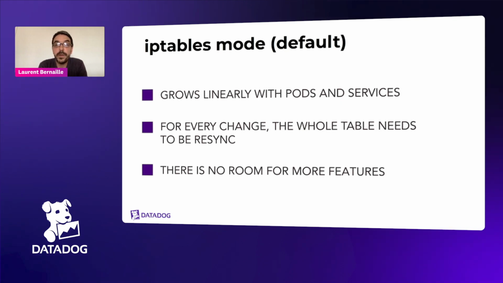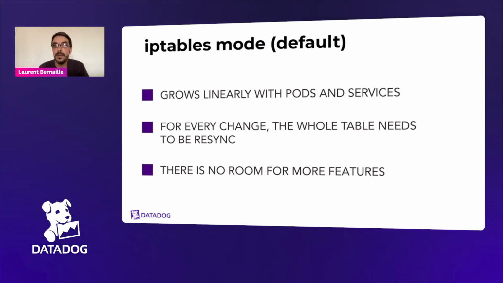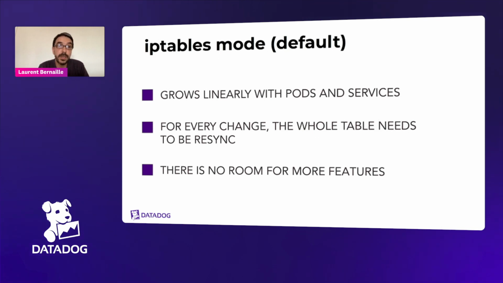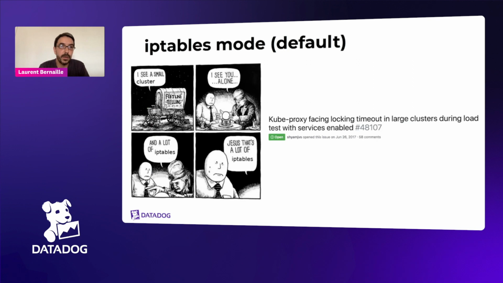And for a cluster of this size in our specific deployment, we already had tens of thousands of iptables rules, which is quite a lot. And the biggest challenge is every time there is a change in endpoints, the full iptables chains are going to be recomputed and reloaded, which takes a lot of time. And so, yes, iptables was very limited, and so we decided to move to another solution.